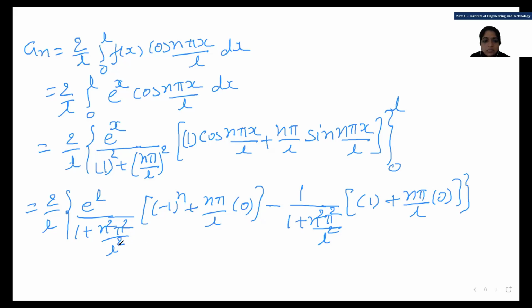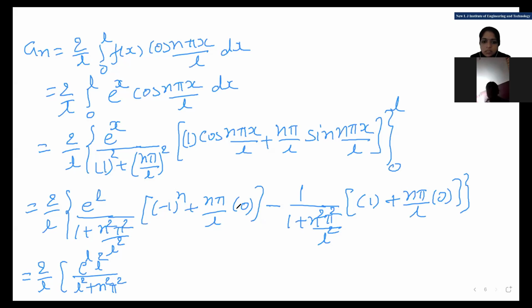If I take LCM here, that is e raised to L into L upon L square plus n square pi square. 2 by L, keep it same. Here e raised to L square in the denominator, L square plus n square pi square.